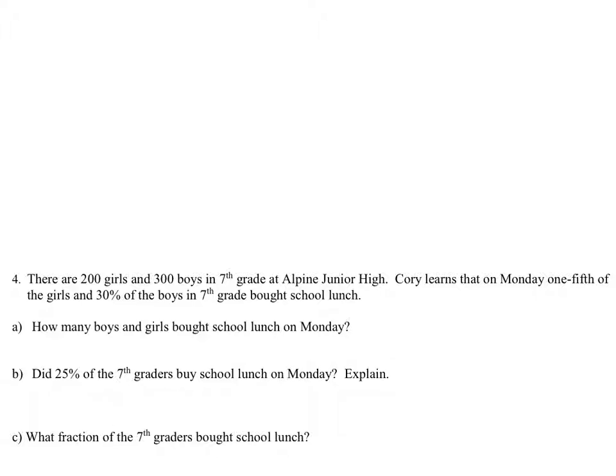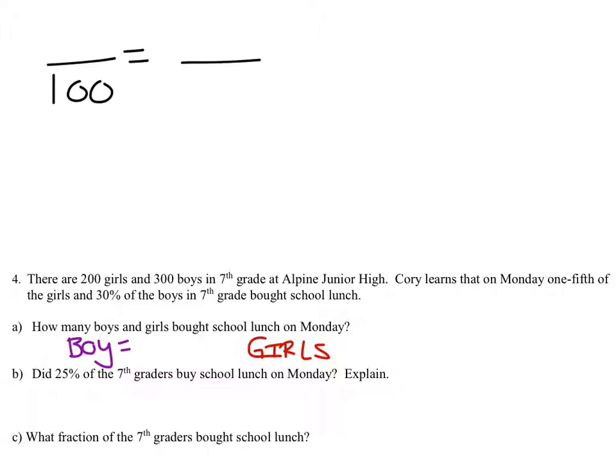So we'll figure out how many of the boys, and then we'll figure out how many of the girls. So this is going to require two percent proportions. Out of 100%, we can see that the girls was 1/5 and the boys was 30%.